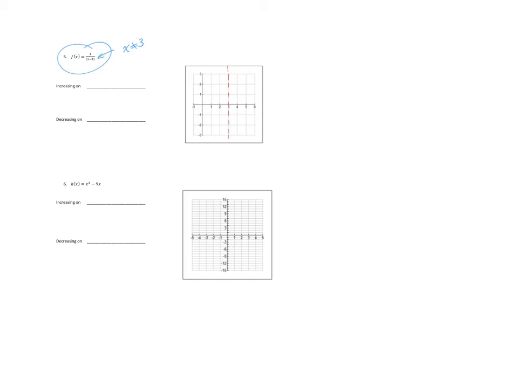Now I can check this on my calculator, you can too, but trust me, this graph is going to look something like this, where it's going to come down and go that way, and then on this side of the vertical asymptote, it's going to go like that and continue out there.